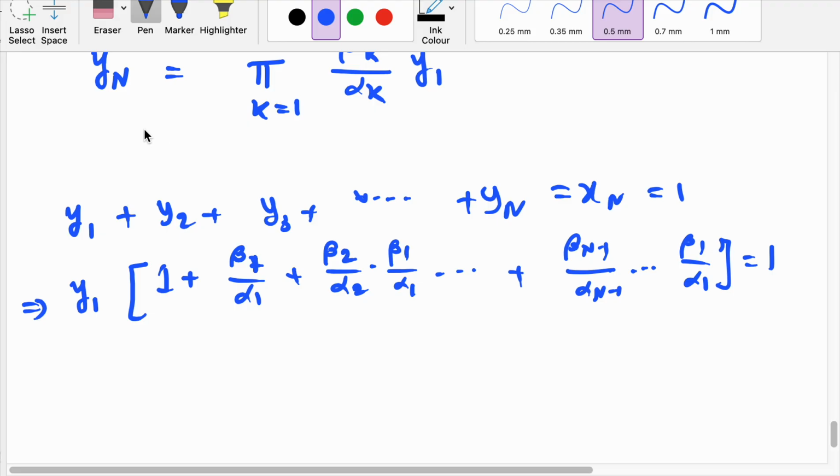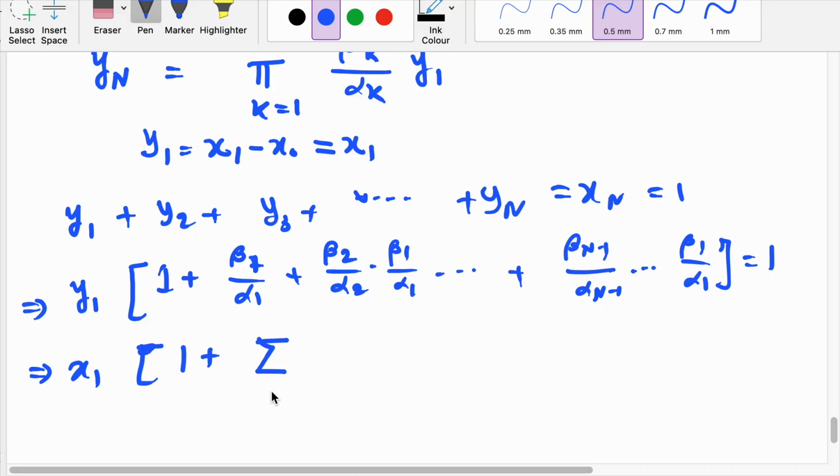And y1 means x1 minus x0, and we know the value of x0 is 0, so y1 means x1.